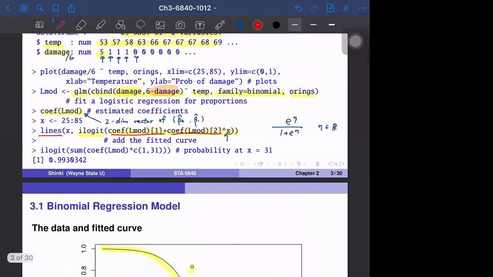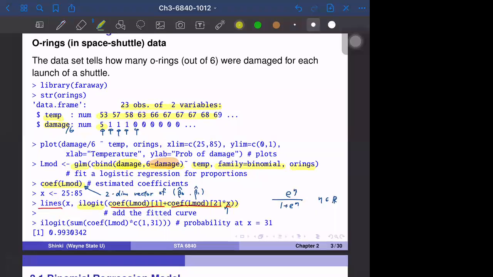Or if you want to calculate the predicted probability for a specific case: the accident happened when the temperature was 31 degrees Fahrenheit in January.